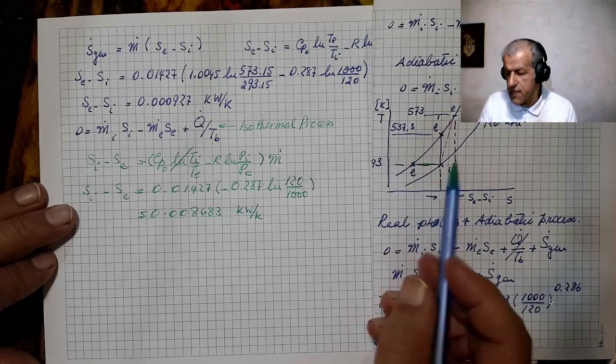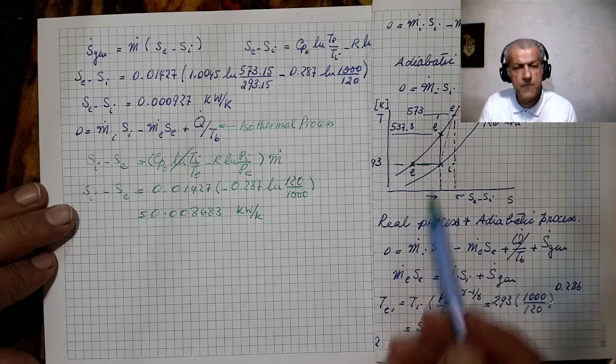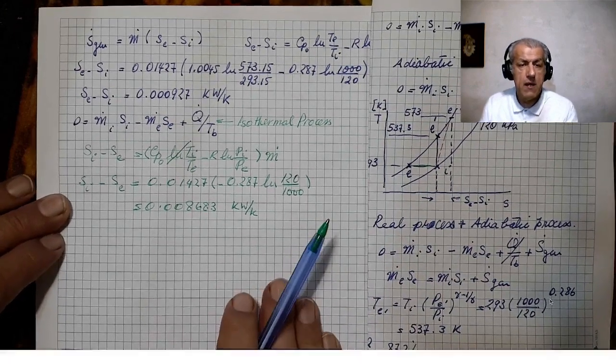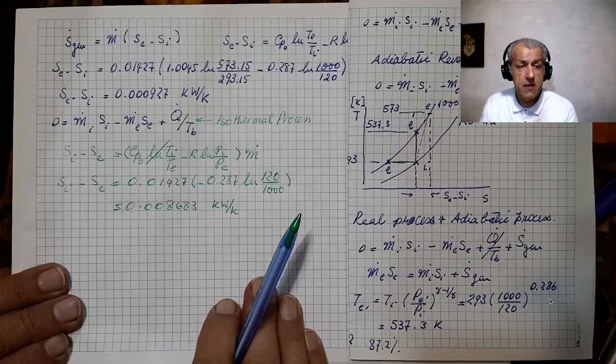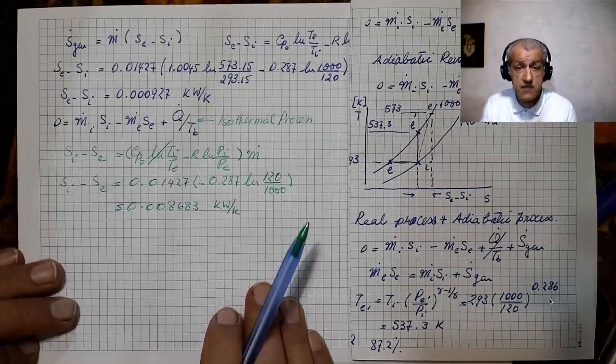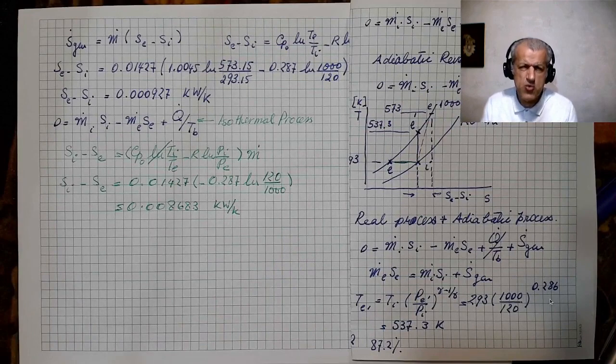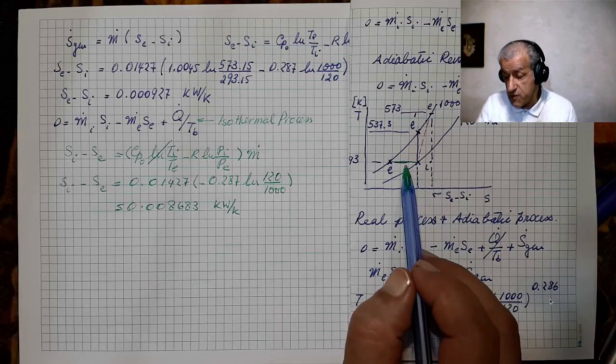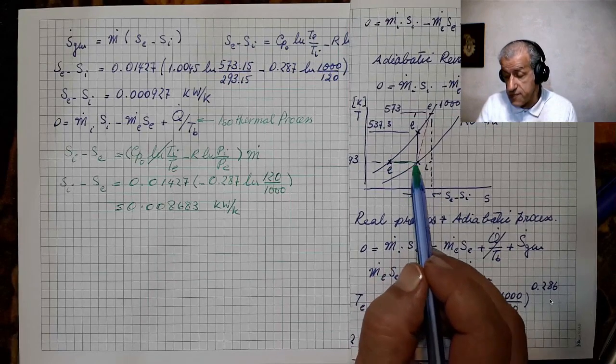And that is the difference between the entropy of these 2 points, which, as we expect, is larger than the entropy change that we had for our real adiabatic process. Heat transfer usually transfers more entropy than the entropy generated. You see, there's quite a difference between these 2 entropies.